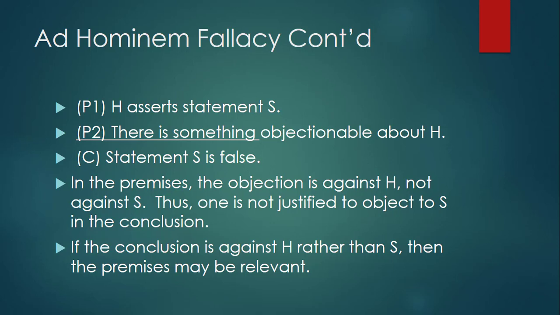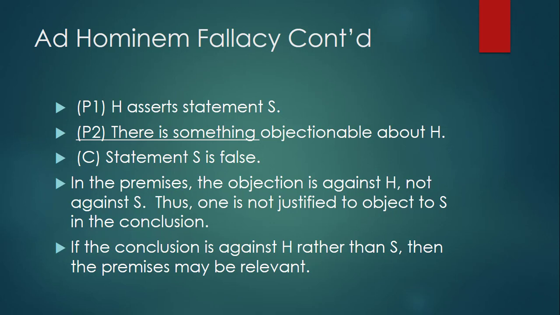Now, if the conclusion happened to be against H, against the person, saying, for example, therefore this person is unreliable, or this person is a bad person, well then that itself would be justified, right? Assuming that the premises are against that particular aspect of this person's character.